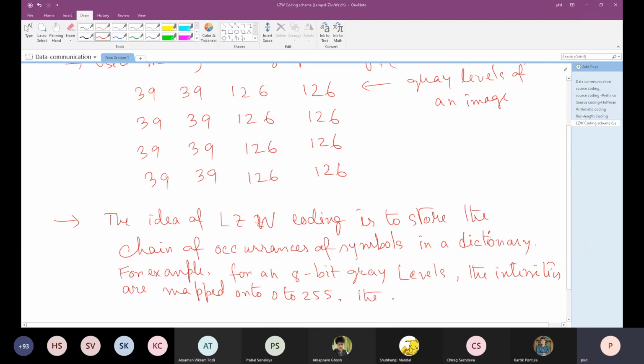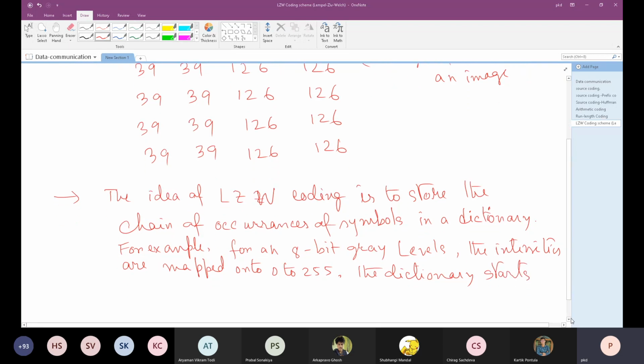The dictionary starts from the location of 256.